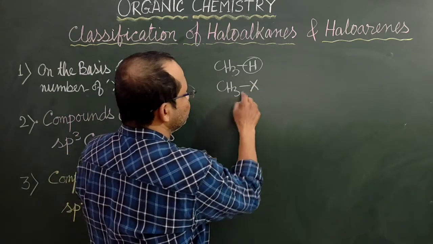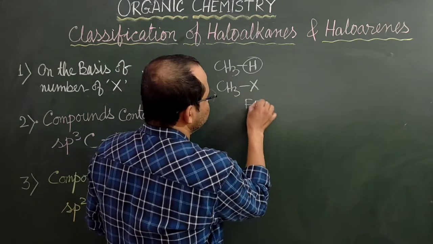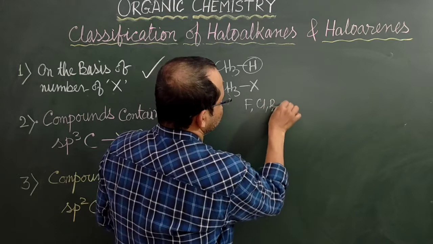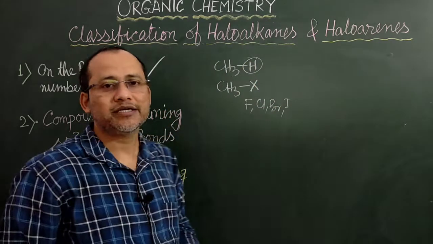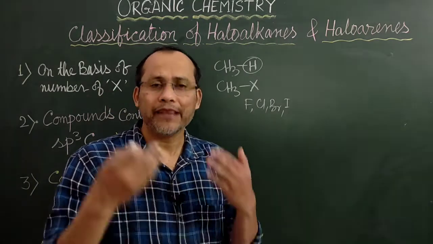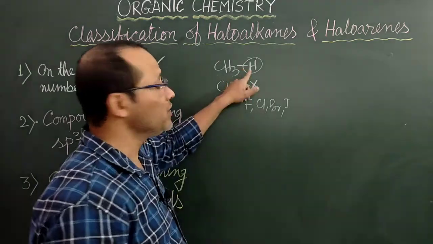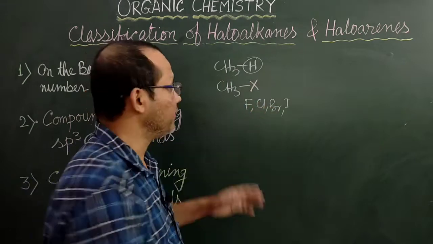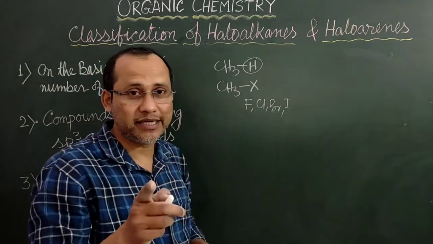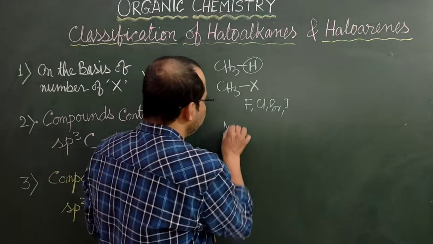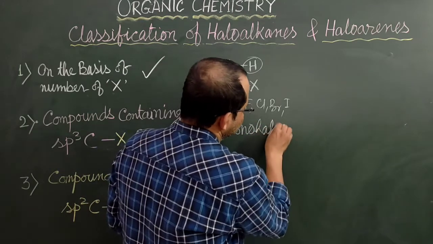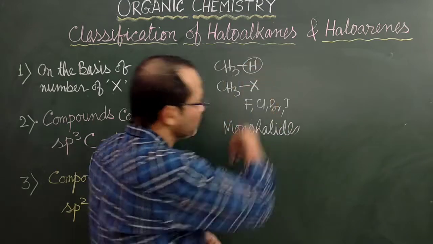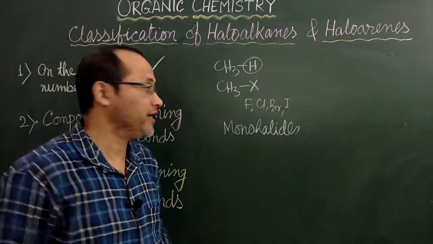Again this halogen may be fluorine, chlorine, bromine, and maybe iodine also, and in all these cases they will produce different alkyl halides where only one halogen will be there, and since one halogen is there, in other words it will be mono, so it will be monohalides. So this is one type of alkyl halide.